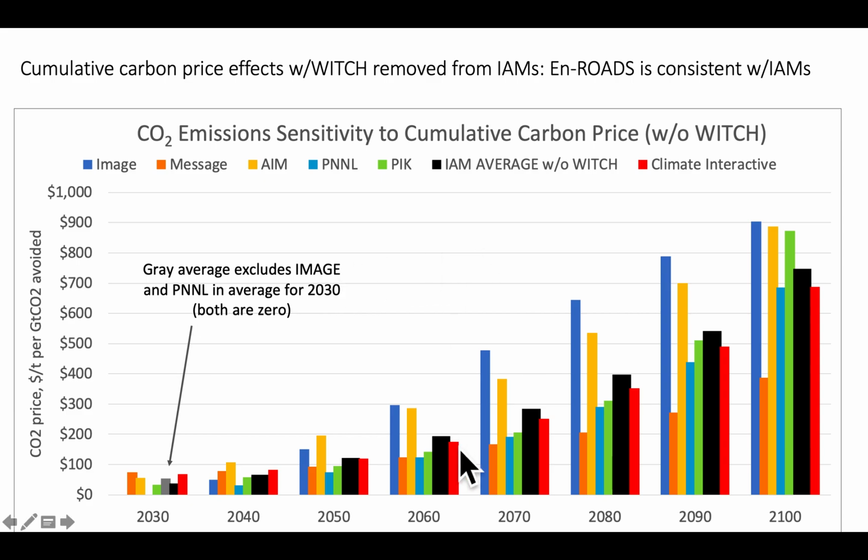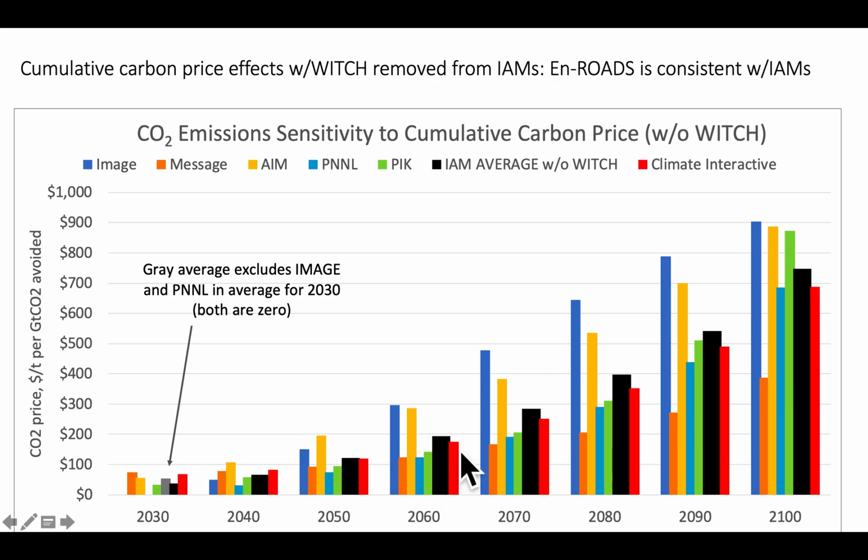It's a kind of funny measure, but it gets you a sense of how much bang for your buck. Did that model reduce emissions a lot for every dollar of carbon price that was spent between 2020 and 2060? The black line is the average. The other results are these other colored lines for the integrated assessment models.